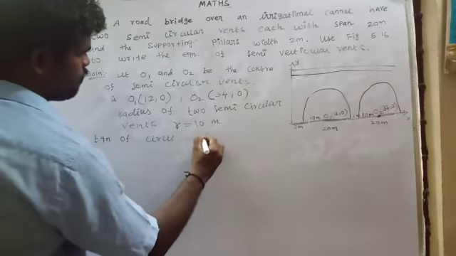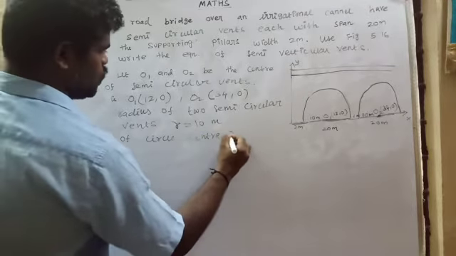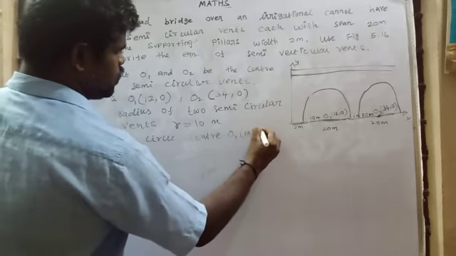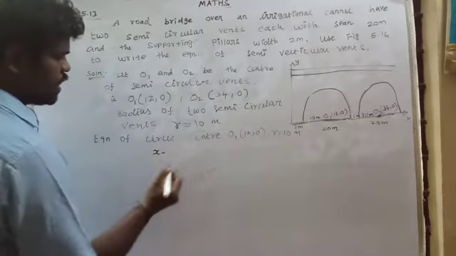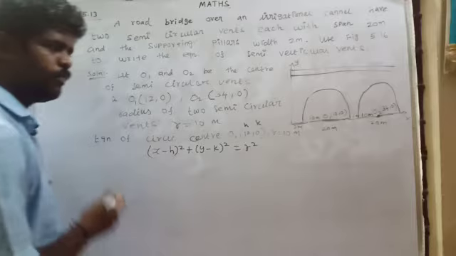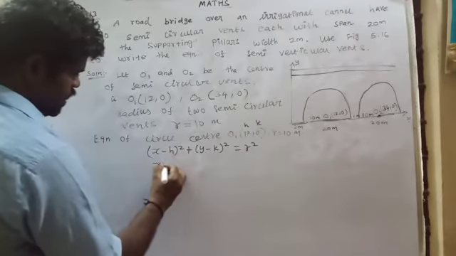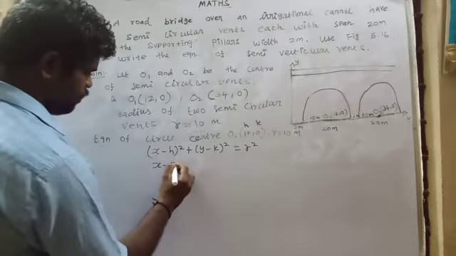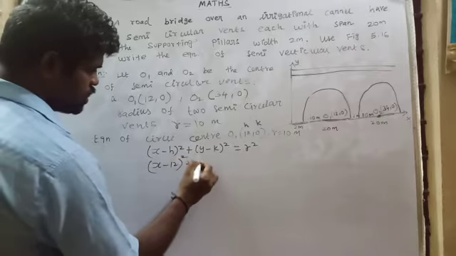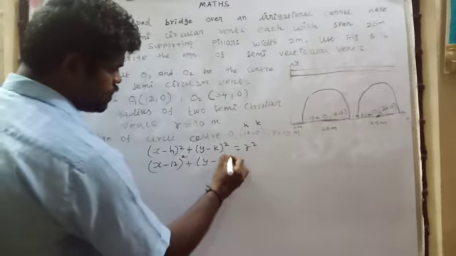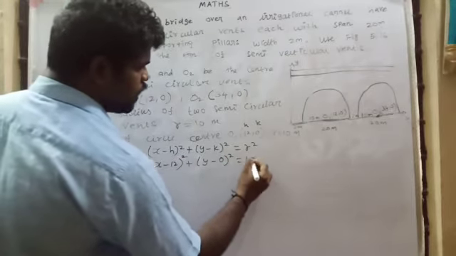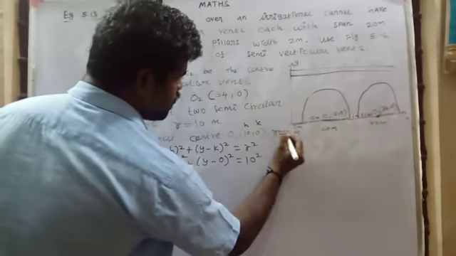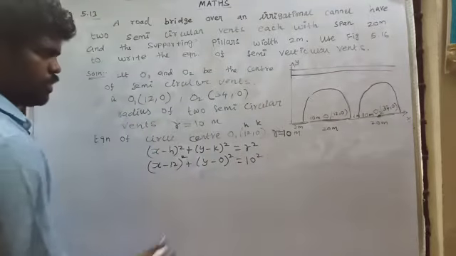Center O1 is 12, 0 and radius r, so (x minus h) whole squared plus (y minus k) whole squared is equal to r squared. Here x minus 12 whole squared plus y minus 0 whole squared is equal to 10 squared, because r is 10 meters.